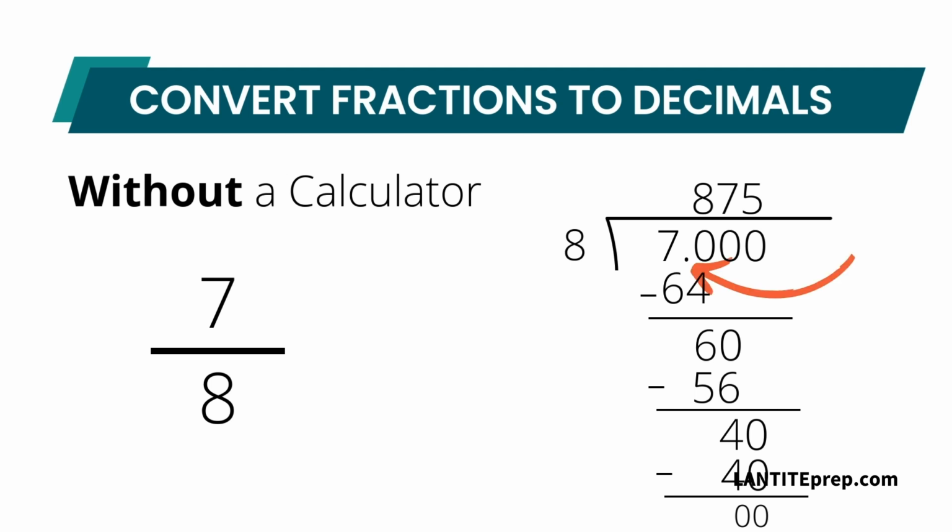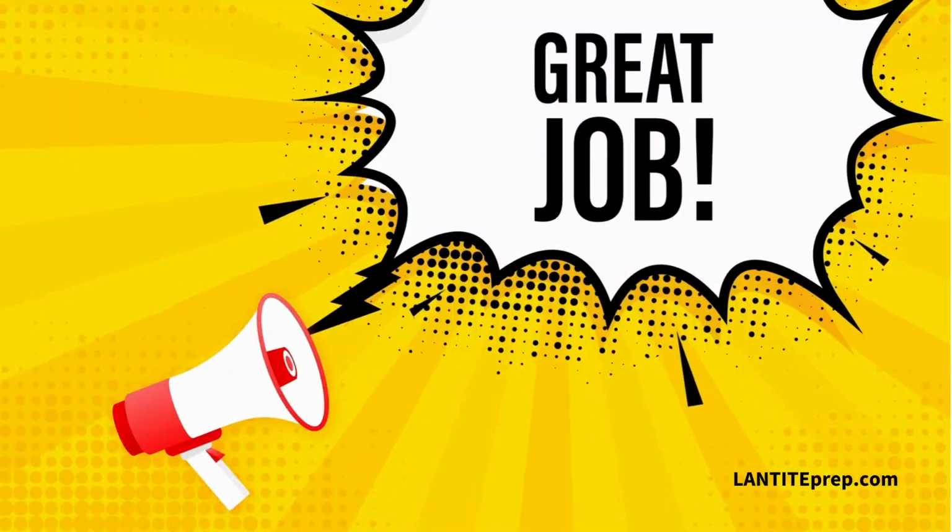Because the decimal from 7 has 3 numbers after it, we need to make sure our answer has the same. So we'll put the decimal right before the 8. And there you have it. Our fraction of 7/8 successfully converted into the decimal of 0.875. Excellent job converting fractions to decimals.